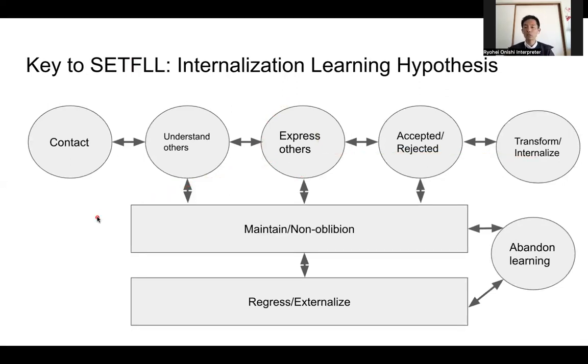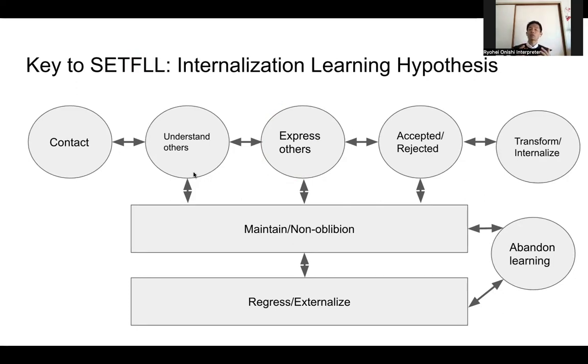But how can we do this more effectively? I think internalization, thinking about SDGs as our own problem, needs some particular processes. So that's why I have described these processes here. Of course, first we need to contact the learning content. But then we need to understand not only SDGs, but we need to think as other people think.